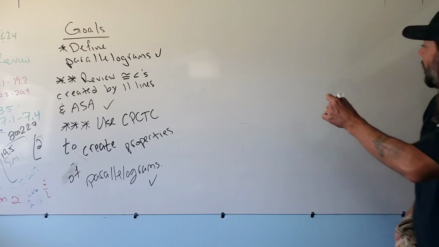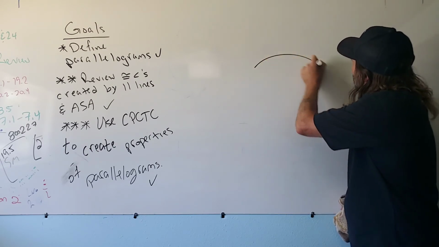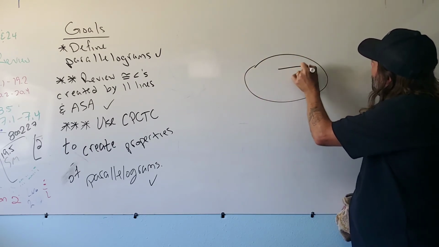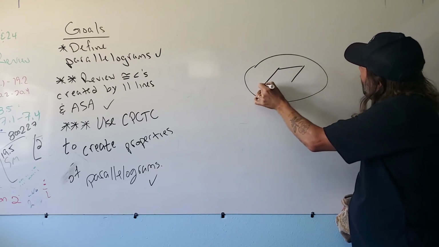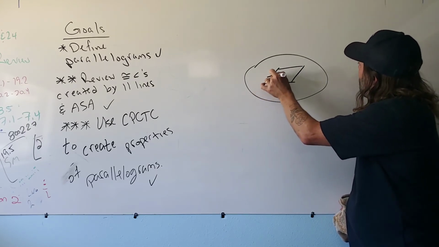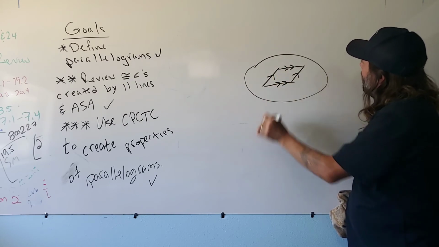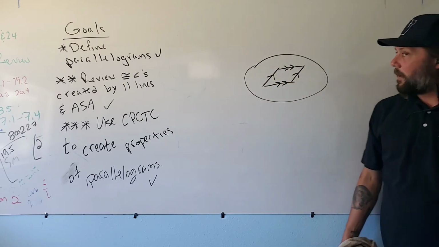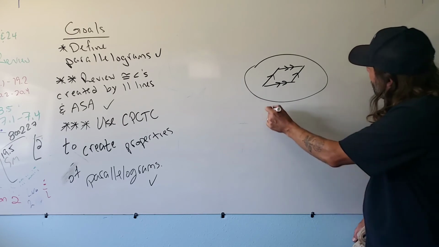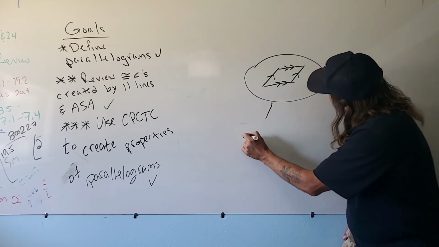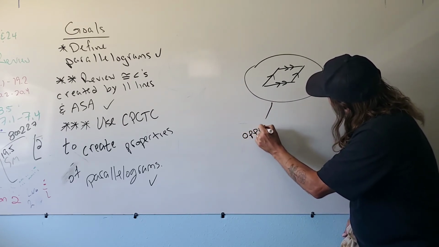So if I know that I have a parallelogram, we actually know some things, right? So we know that opposite sides are parallel.